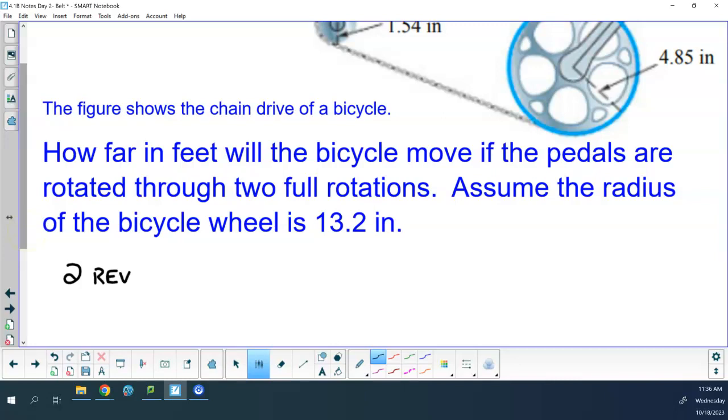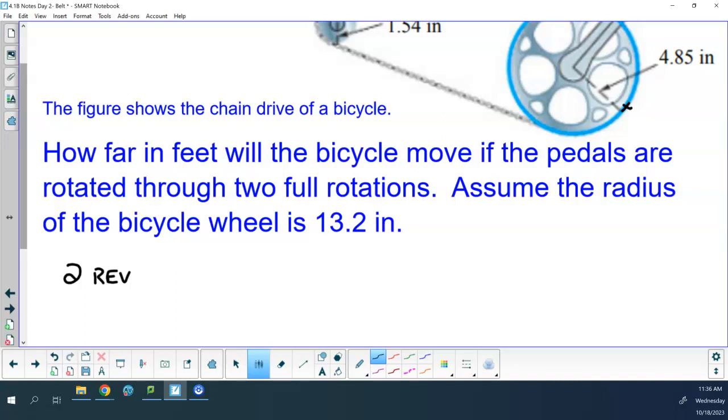So we are right now right there. That black X is going around 2 full times. Where do we need to end up? What are we looking for?